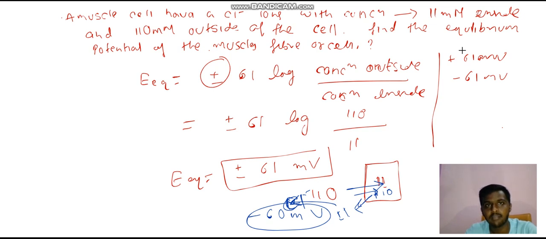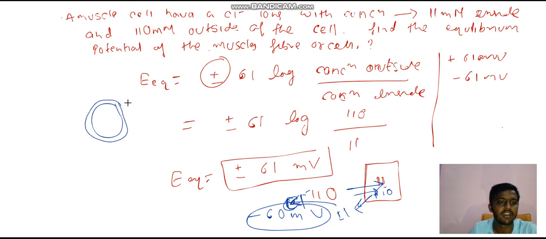Inside the cell, we have to see all the charges, positive, negative. Why do we have to see inside the cell? Let's say one cell is there and it is covered with the membrane. Outside will be the interstitial region. We can't define outside unless we see from inside. So inside we have to focus more in this chapter.